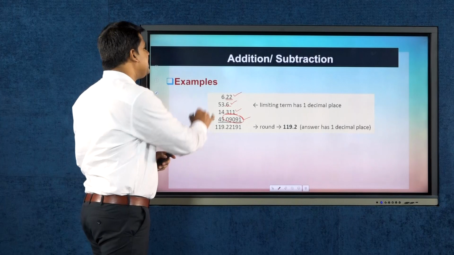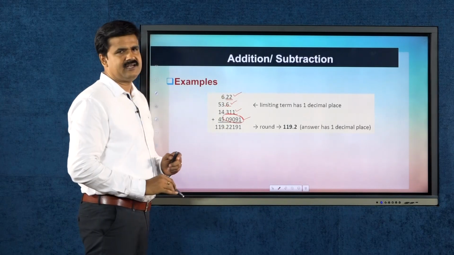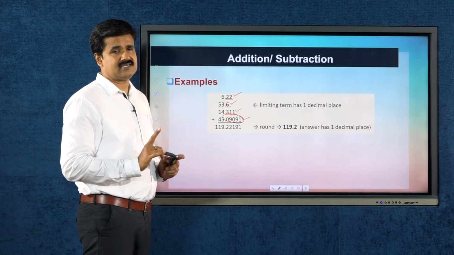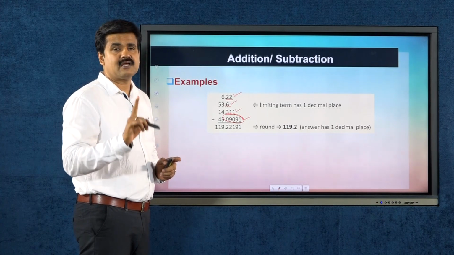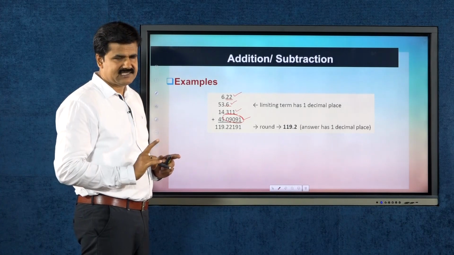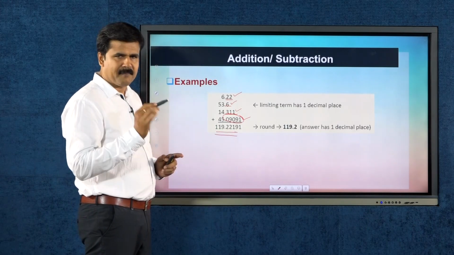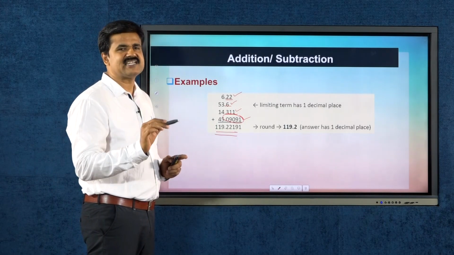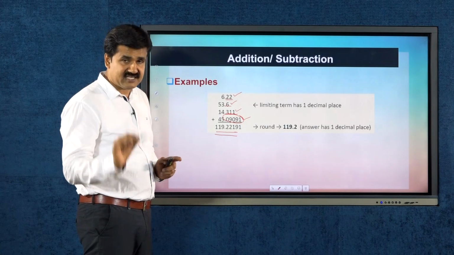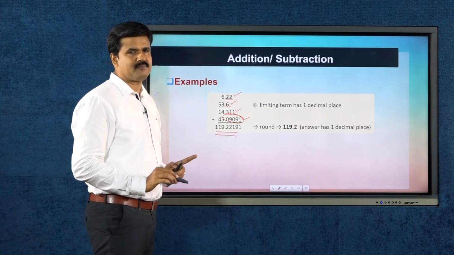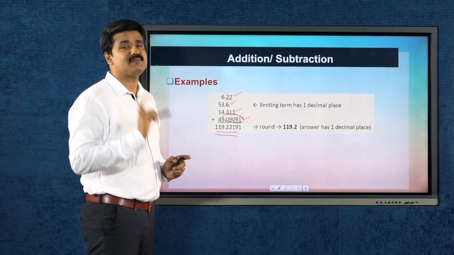So, whenever you are performing the addition, your final result also contains only one decimal place. This is the actual result of addition, but in order to represent it based on the rules of significant figures, you have to represent only one decimal place.